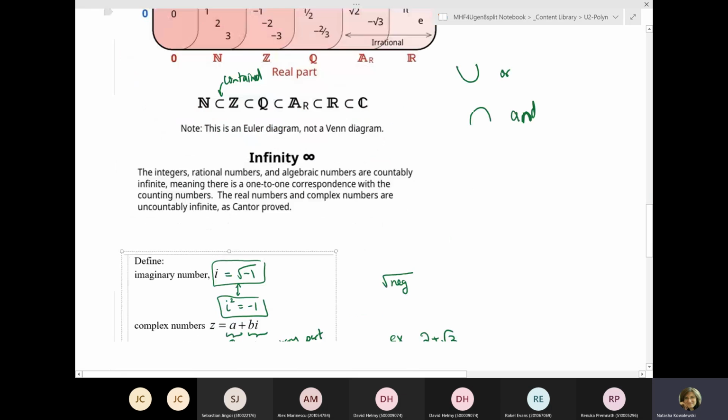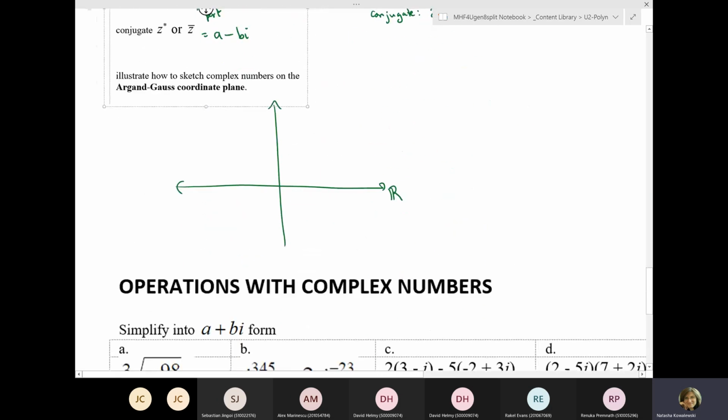I will. So real goes on the x-axis and I for imaginary on the y-axis.